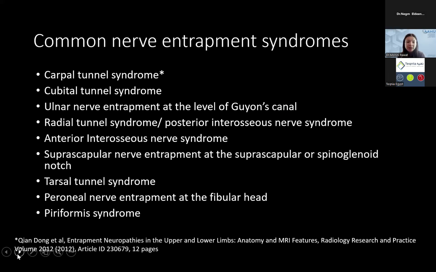Then we may also see tarsal tunnel syndrome in the lower extremity, peroneal nerve, or you may call it common fibular nerve entrapment at the fibular head or neck level. Then piriformis syndrome, where the sciatic nerve gets compressed. So these are some of the entrapment sites, and the most common ones are the first two.